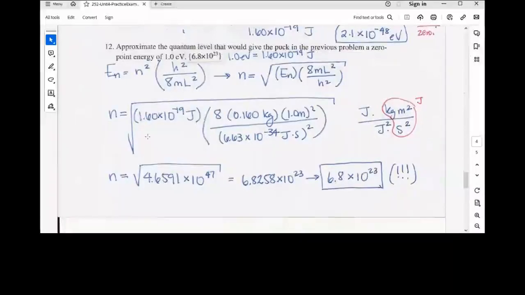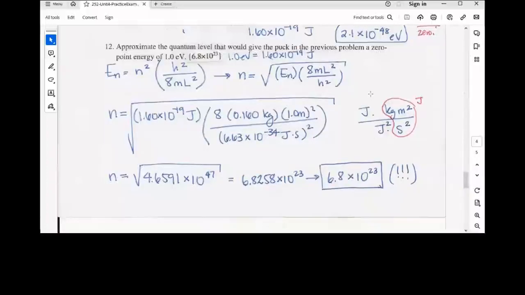So if that 0-point energy were equal to 1.0 electron volts, finding the n, the quantum level that would allow for that to be possible, would involve taking that 0-point energy and then multiplying it by the reciprocal of the term that we used before taking a square root.